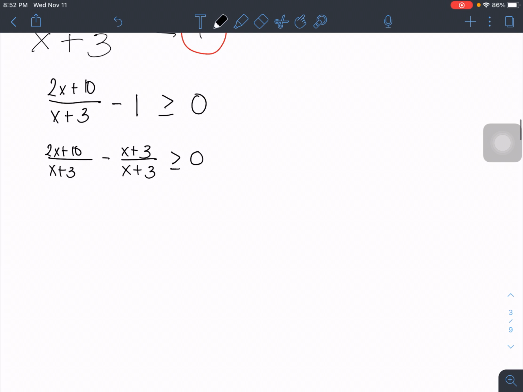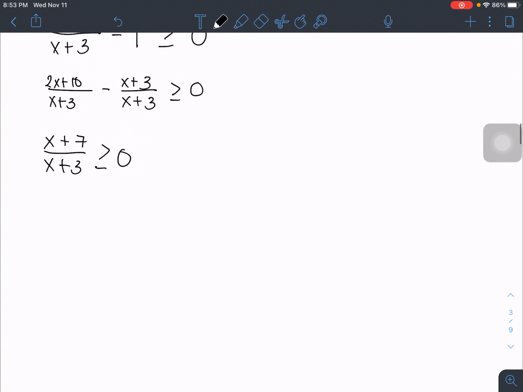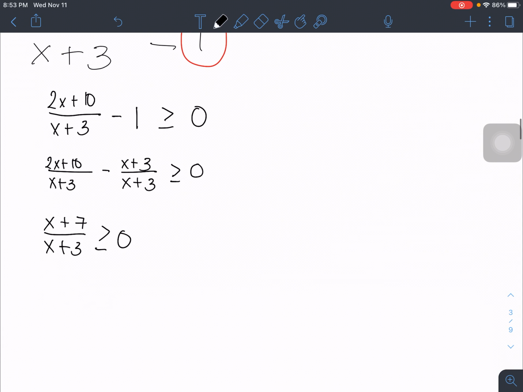Further simplifying, 2x minus x will be x, and 10 minus 3 will be 7, over x + 3 greater than or equal to 0. So that is the first step and the second step: transform the right-hand side to 0, then simplify the left-hand side.